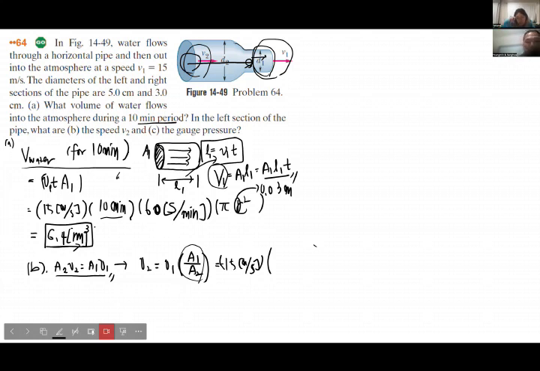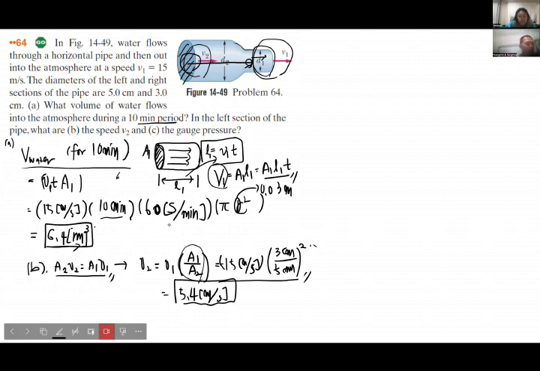So that is 3 centimeter at position 1 and 5 centimeter diameter in position 2. All you need is just square it and multiply it by 15 meter per second. So that is 5.4 meter per second. That is the velocity of water when it flows along the point 2.